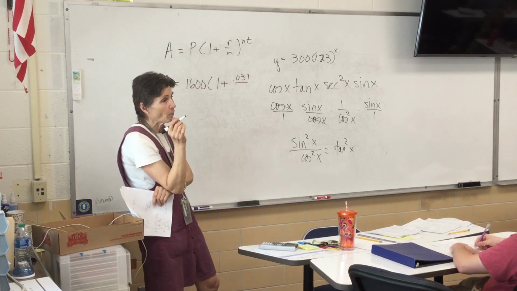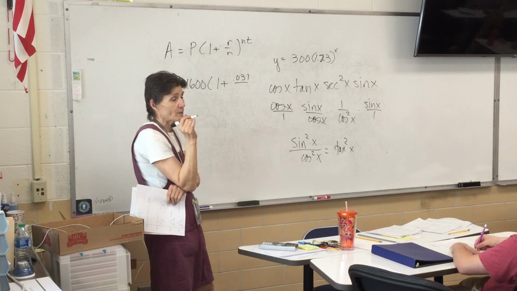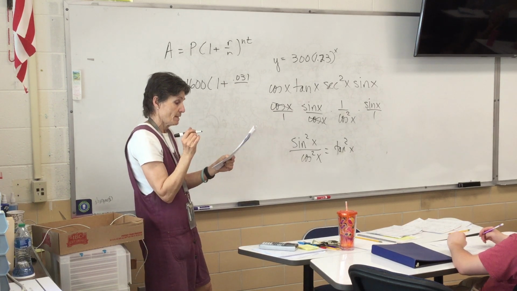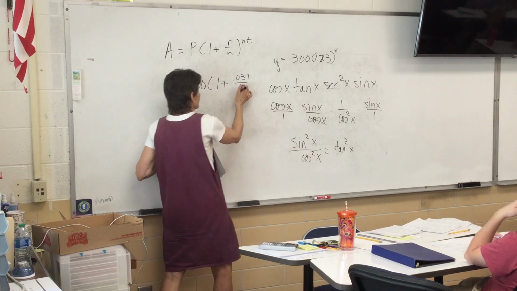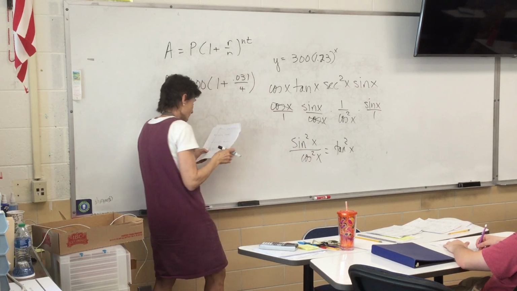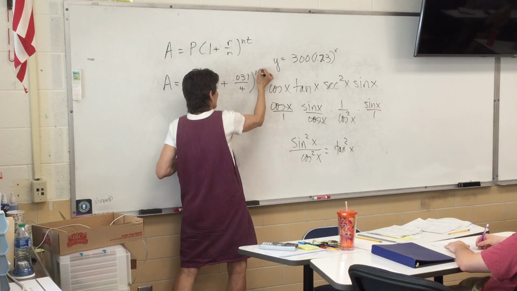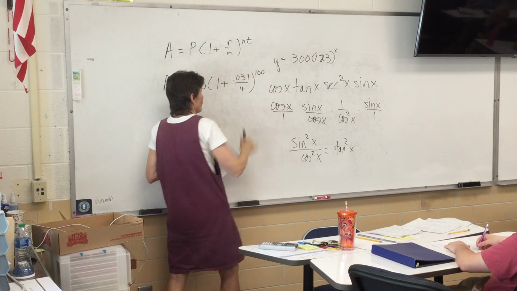So don't put 3.1, put 0.031. Okay, always, it goes in as a decimal. It's compounded quarterly, so n is 4. And I'm doing it for 25 years, so my exponent is 100. 4 times 25.